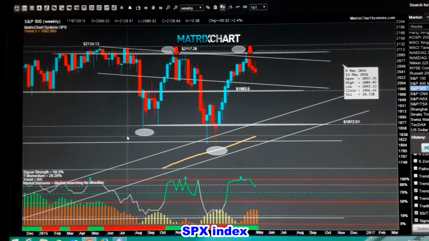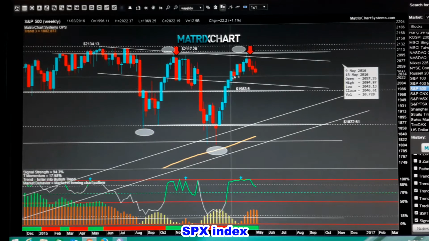The first lower low is here, the first lower high is here, the second lower low, and the second lower high. The high of this region is lower than the high of this region. So from this trend, we see a downtrend.